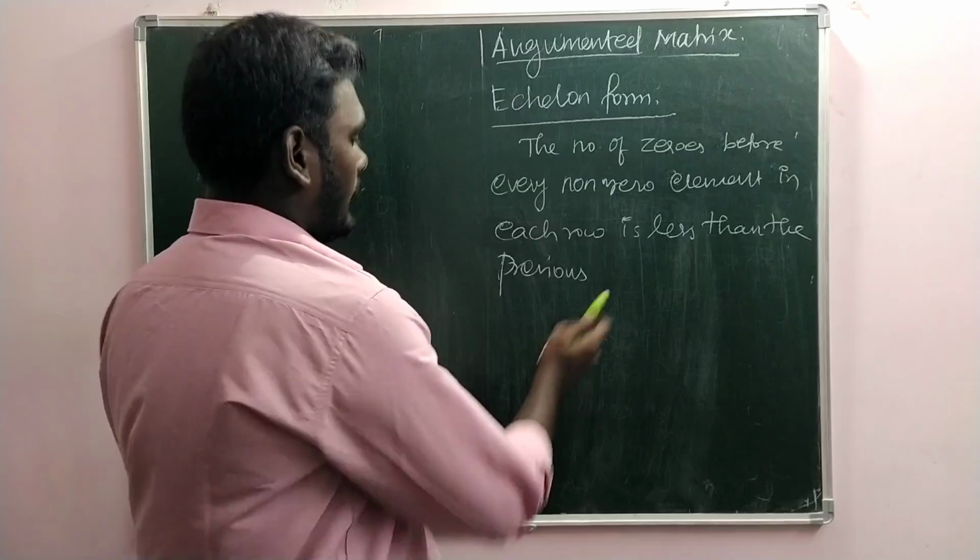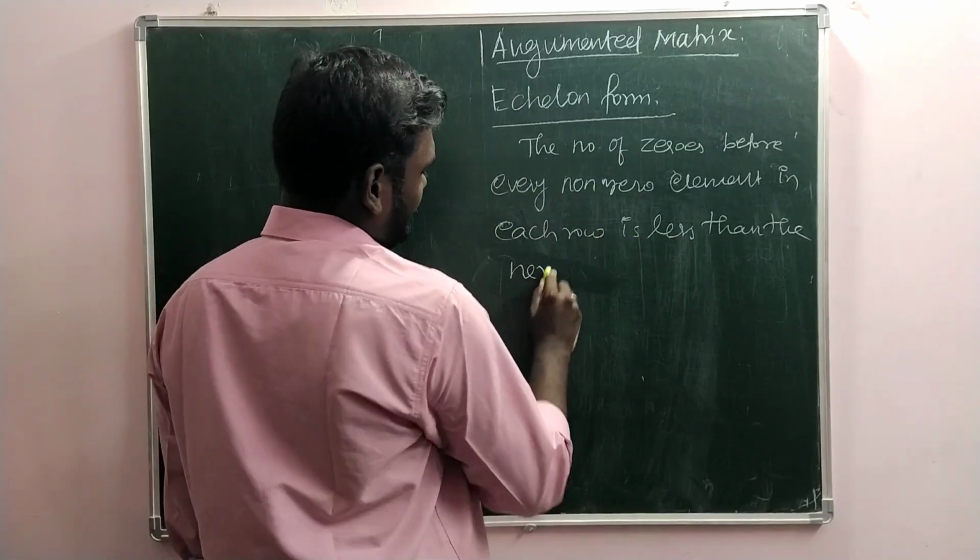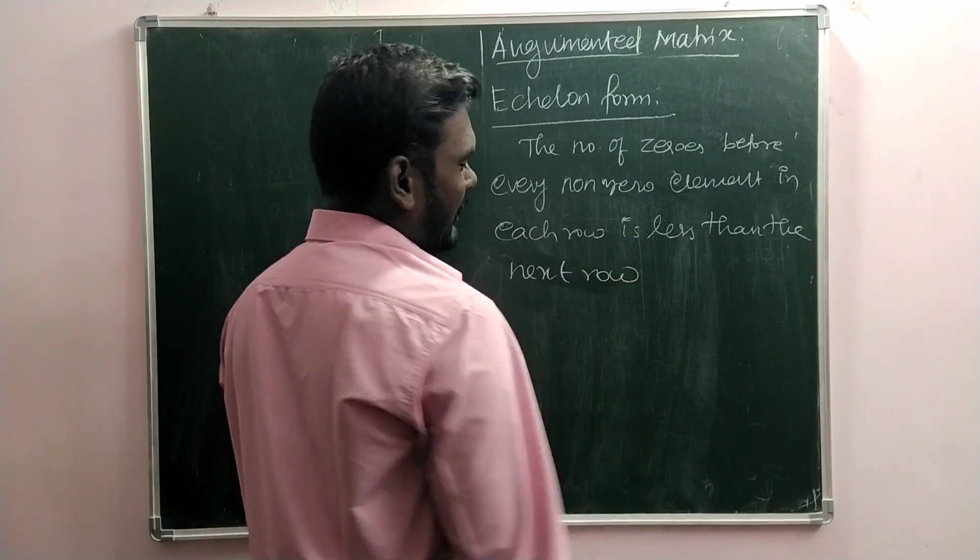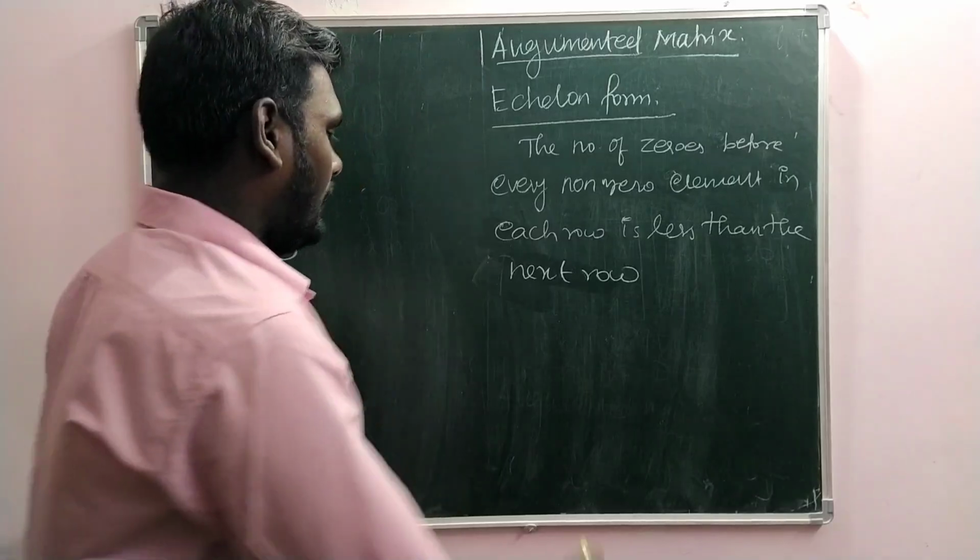Okay, so it's less than the next row. Then we obtain such a form, which is called the echelon form.